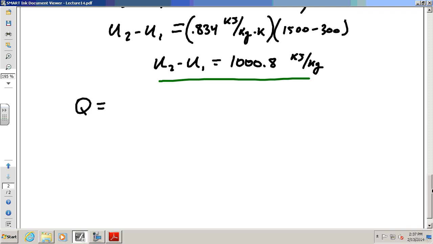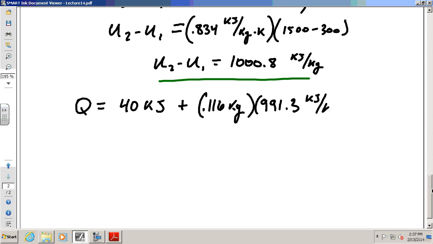Q is equal to the 40 kilojoules of work, plus 0.116 kilograms times 991.3 kilojoules per kilogram. Can someone calculate this number for me? So about 155 kilojoules. Good.